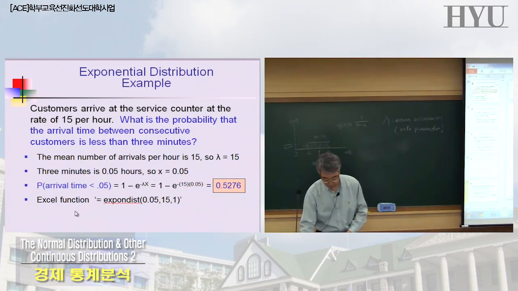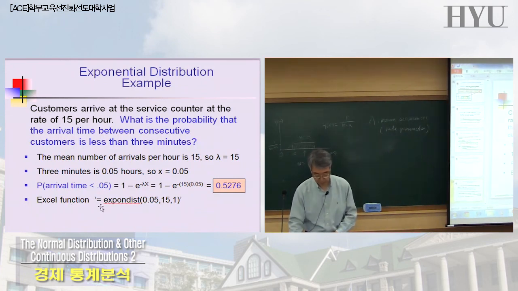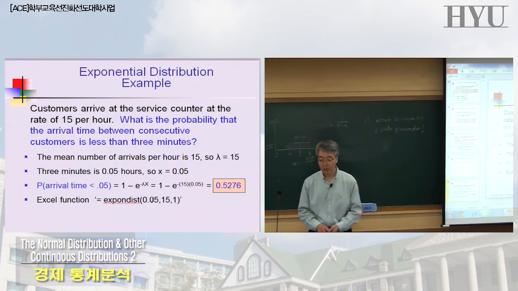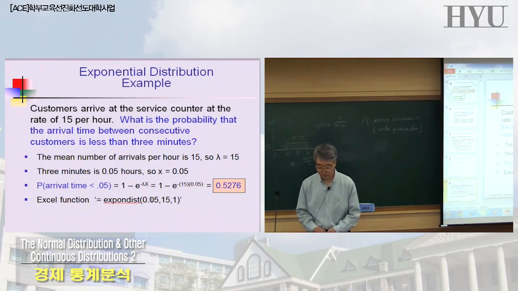Or if you have a computer available and want to use Excel, you can use the exponential distribution function, and you specify the x value first, then the lambda value, and 1. Any guess what the 1 is for? The last parameter 1? Cumulative or not, right?